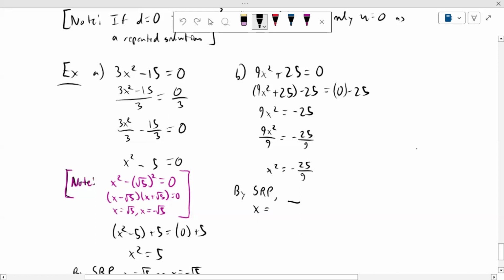Let's try this again. x is equal to the square root of negative 25 over 9, or x is equal to the negative square root of negative 25 over 9. Any questions on that so far?